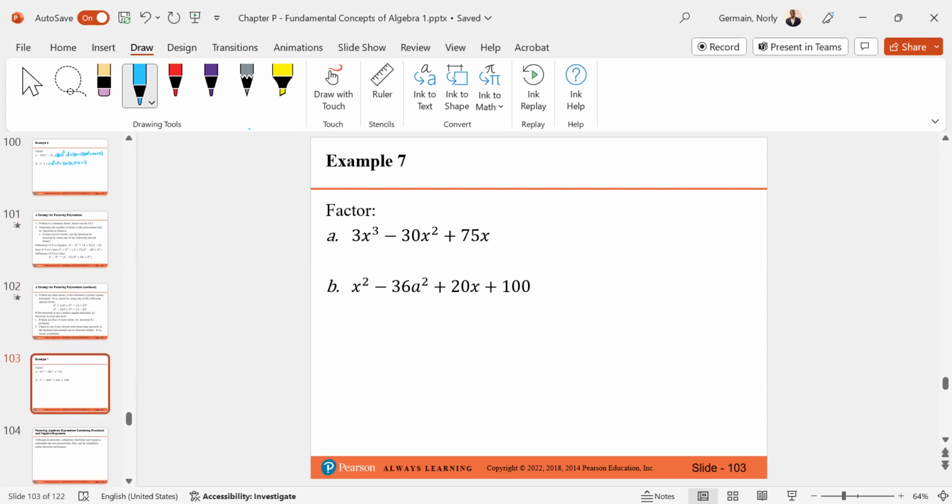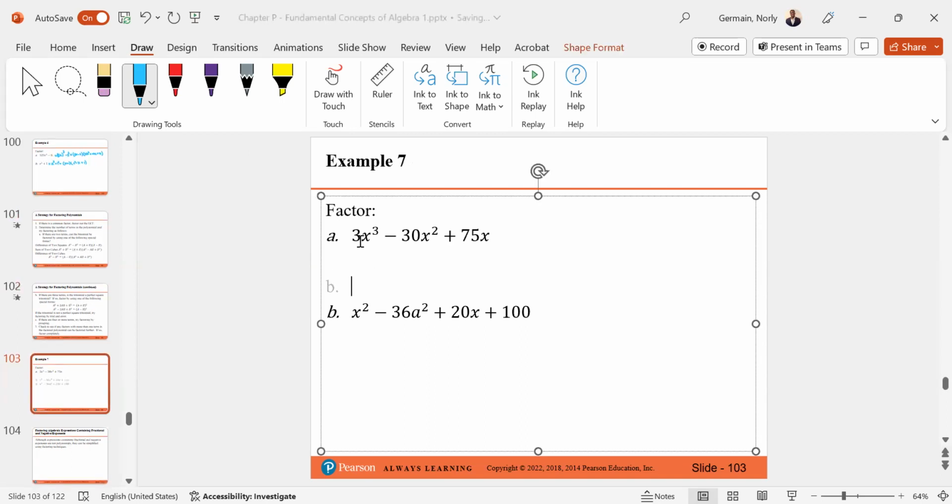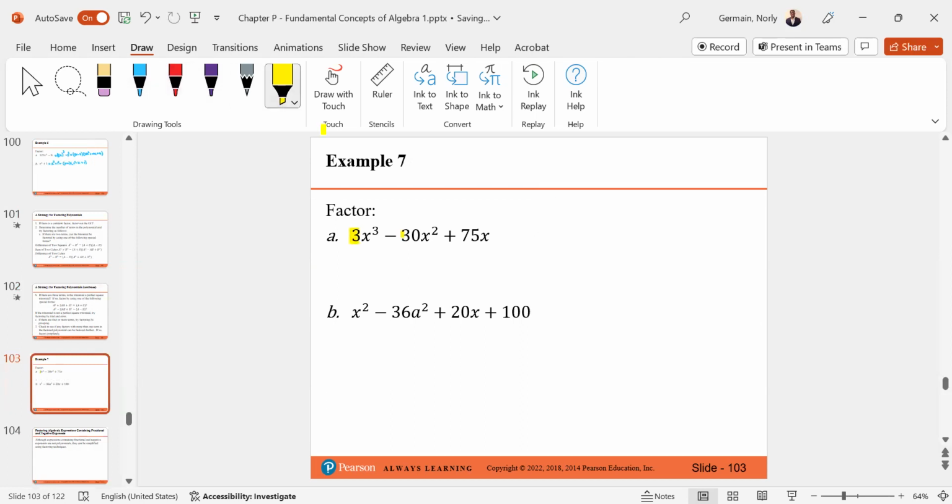We want to try one or two more examples. For example, here, if we give you 3x cubed minus 30x squared plus 75x, the first thing I look at here is to make sure I don't have any GCF. Oh yeah, I do. There is a 3, there is a 30, in 30 there is a 3, there is a 75, in 75 there is a 3. So meaning I can factor 3 out.